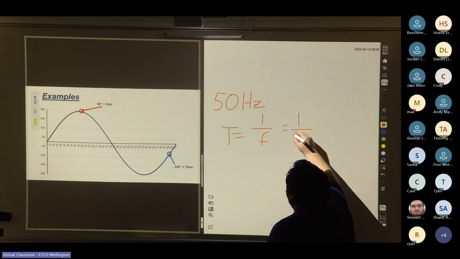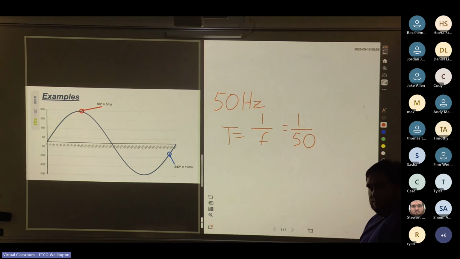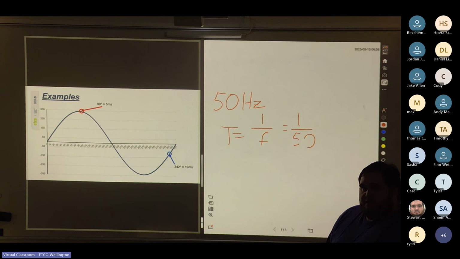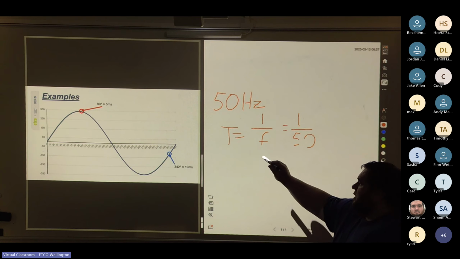So that would give us 1 over 50. Because we're dividing 1 second by how many times a second, we're basically just reverting it back into one. This calculation gives us how many seconds it takes for it to do one cycle.